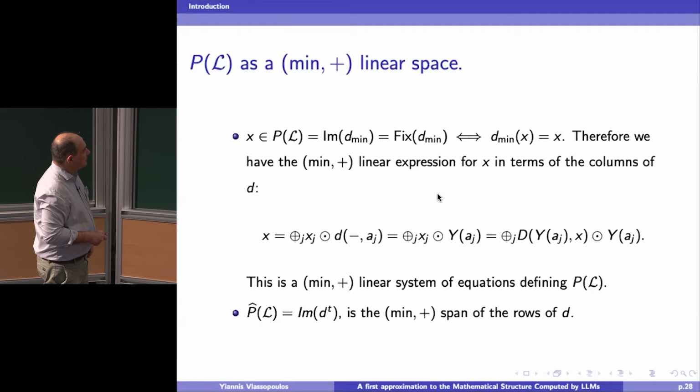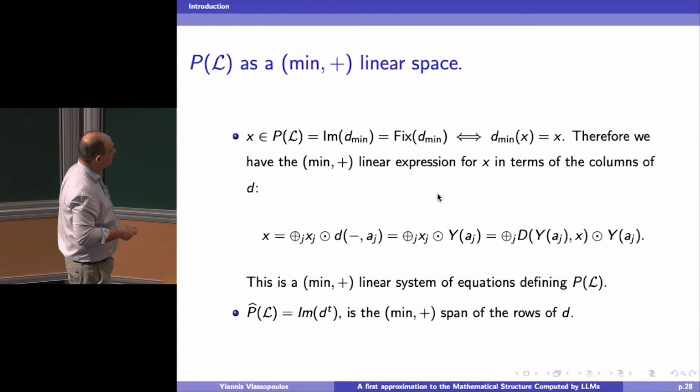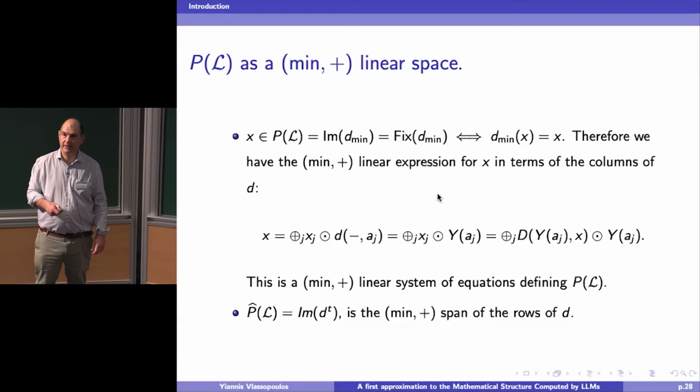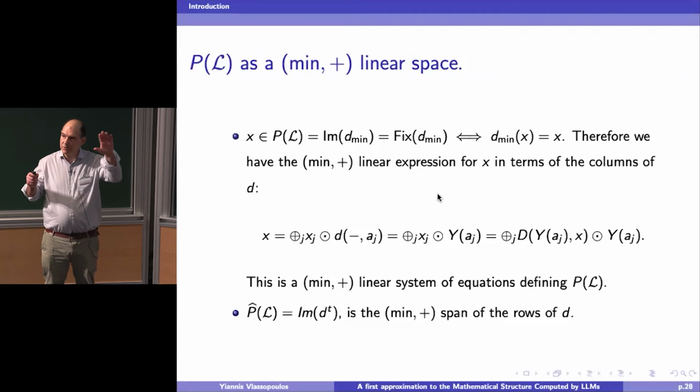And the same thing happens for P hat. P hat is the image of the transpose matrix, so P hat is just the min-plus row span. One is the min-plus column span, and the other is the min-plus row span.